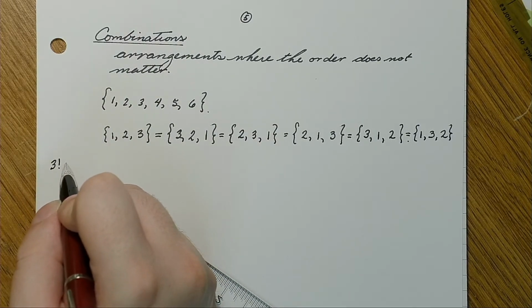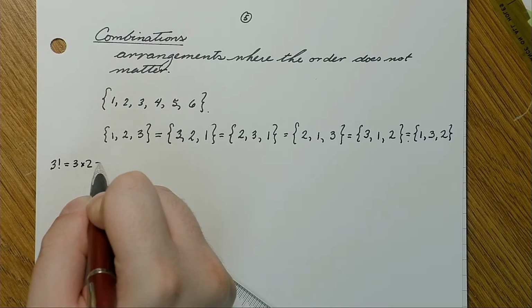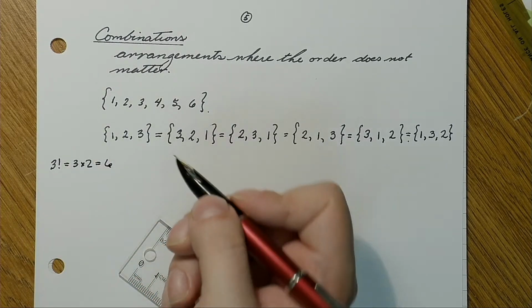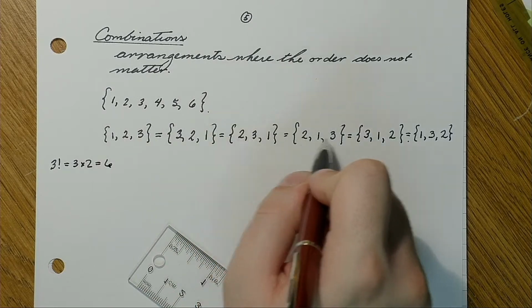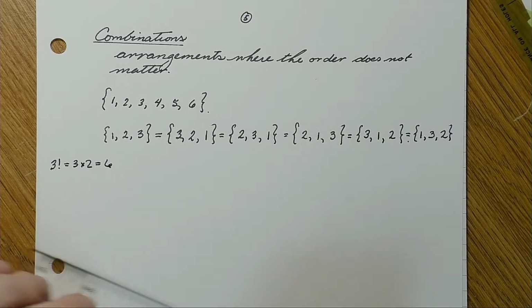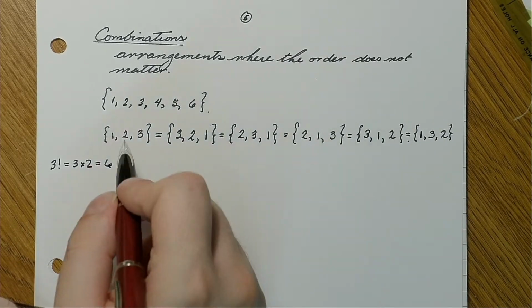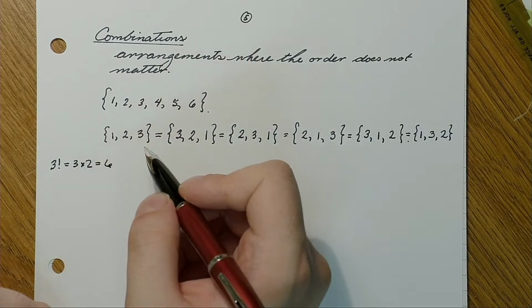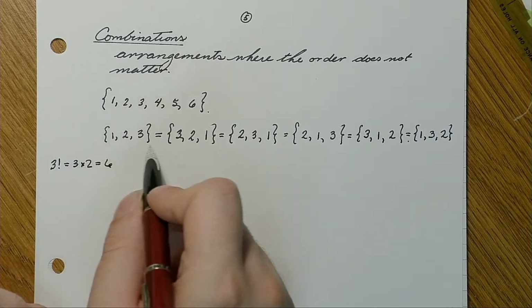How many different orders can I have? There's 3 times 2 times 1, which is 6. So 1, 2, 3, 4, 5, 6. Good, there are 6 of those. These are permutations, but this is really just one set.